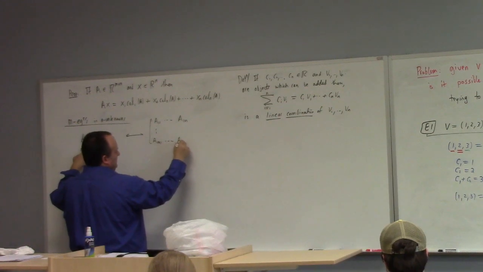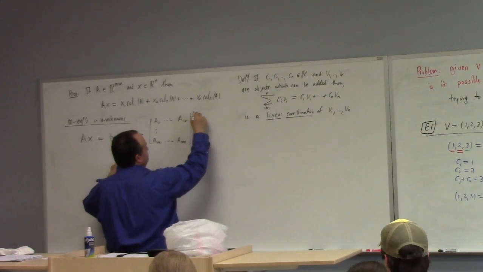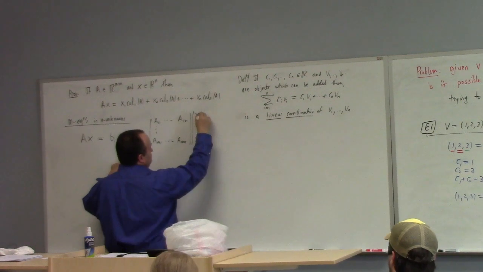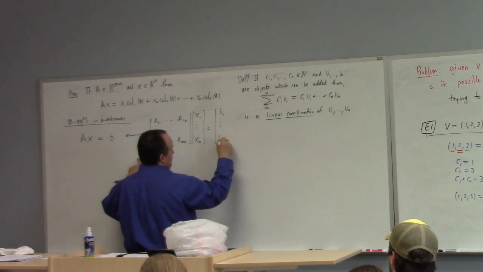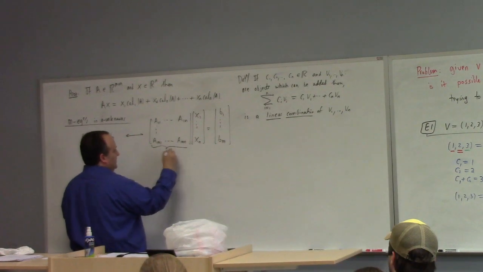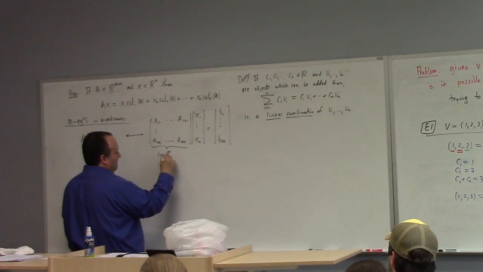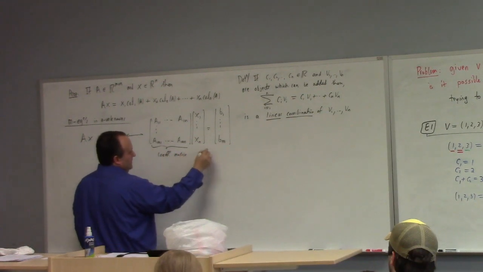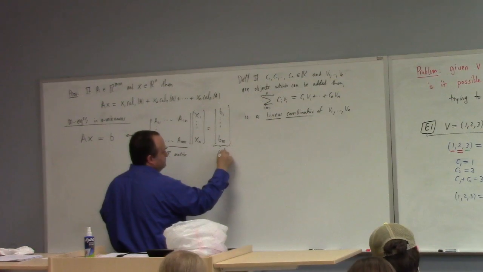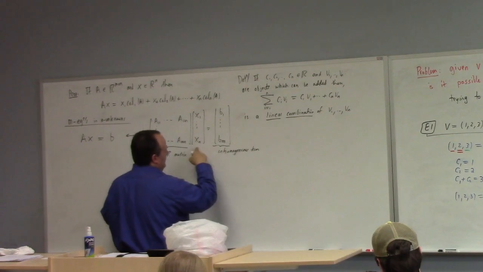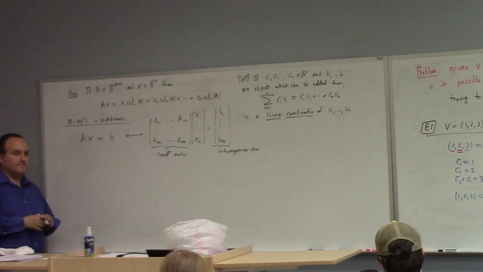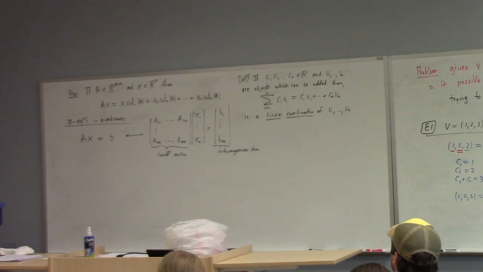I think I wrote this out last time. Remember that we talked about the coefficient matrix. This is the coefficient matrix for the system. This is the inhomogeneous term. And here's my vector of unknowns I'd like to find. In the spanning problems, the x's were replaced with c's, but their role is the same.